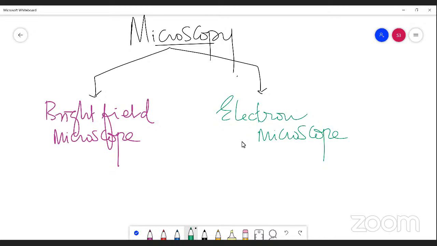Simply I can say, in a bright field microscope, light is utilized for viewing a structure on the stage of your microscope, whereas in an electron microscope a beam of electrons or electron sources are utilized for seeing the ultrastructure of any object, right? Okay, and one more thing I want to mention about the bright field microscope.